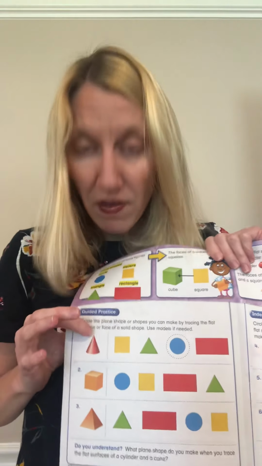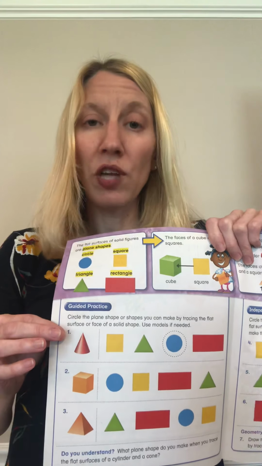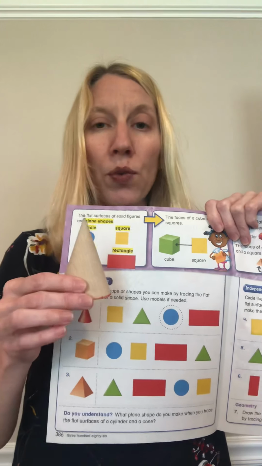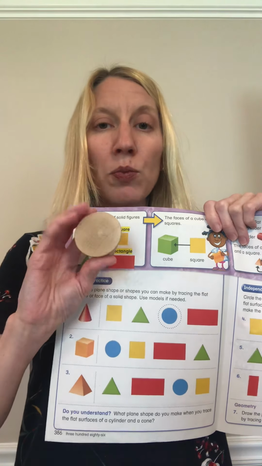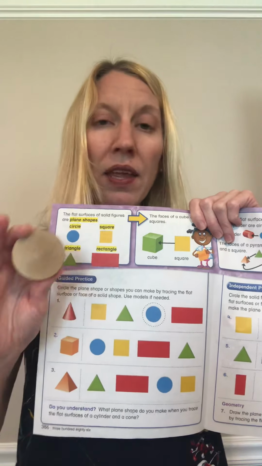So if you take a look at this lesson, it first starts off and it shows you solid figures. And it says what plane shapes would the solid figures make. So for example, this first one here, it has a cone. If I traced this plane shape, what would it be? And I think we talked about it earlier, and you can see that it would make a circle.